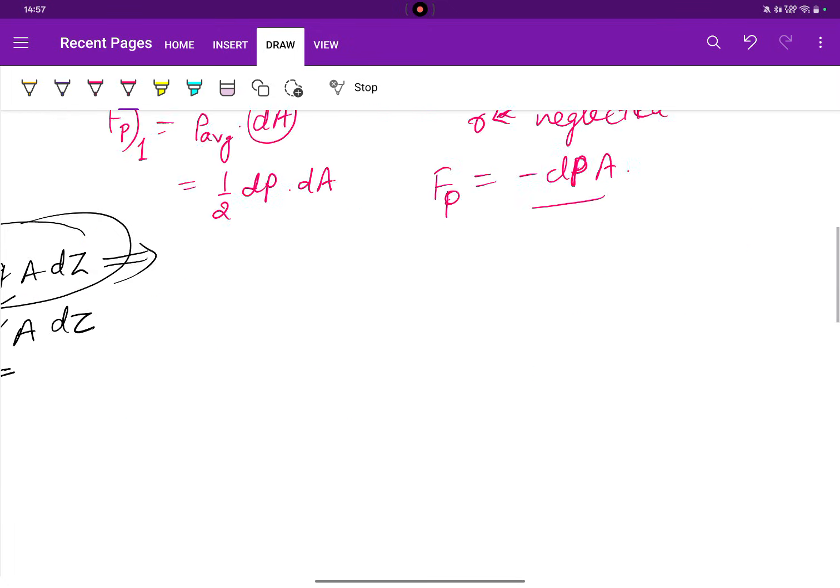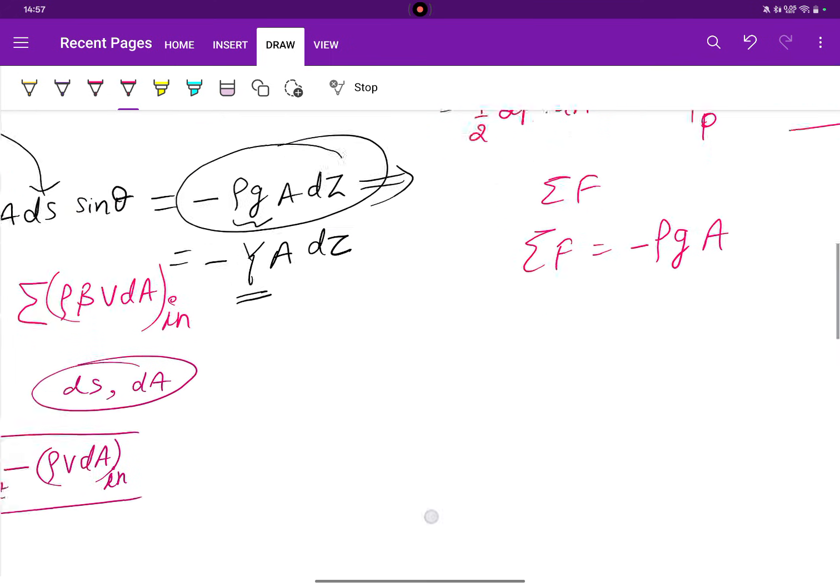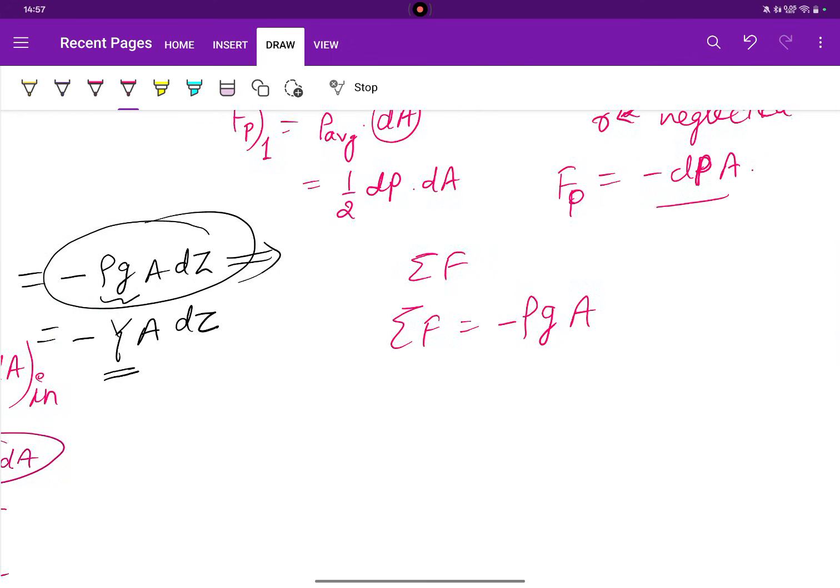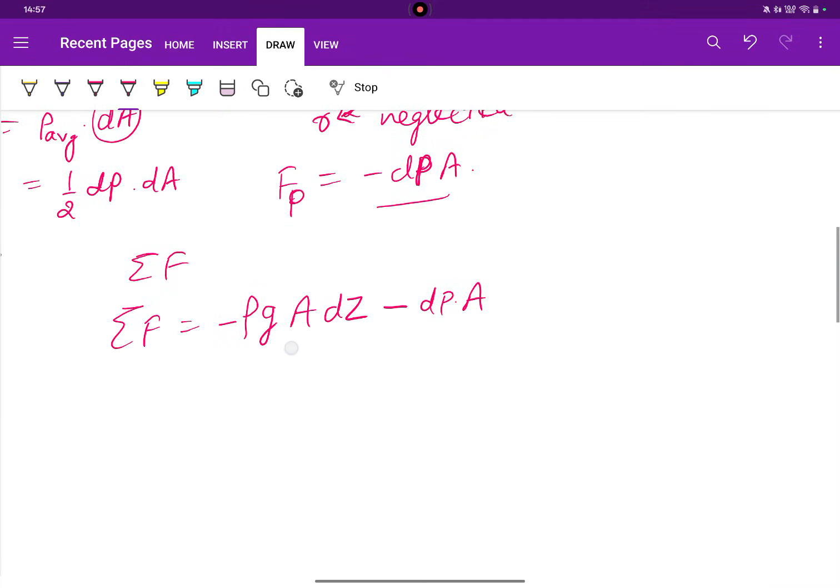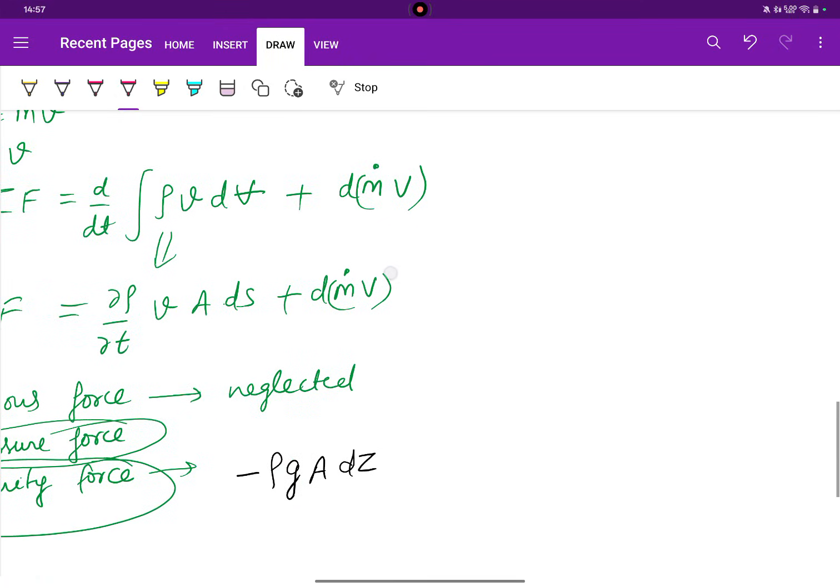Now let's put sigma F. Sigma F is what? Minus rho g A dz, plus this one, which is minus dP into A. And this whole force was equal to what here?